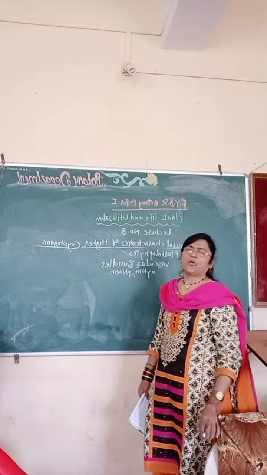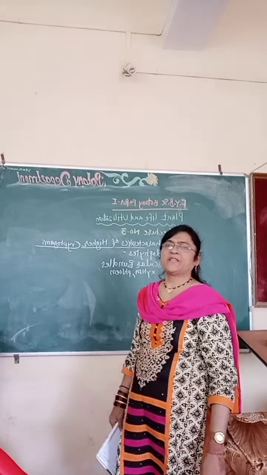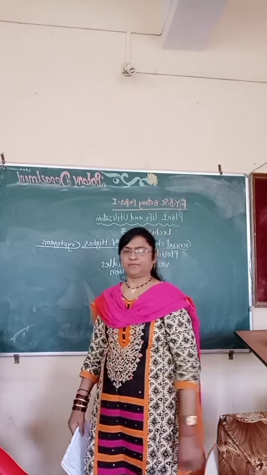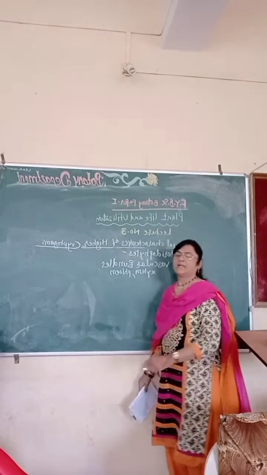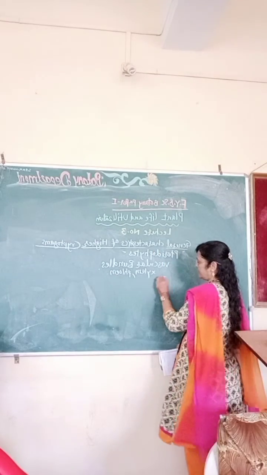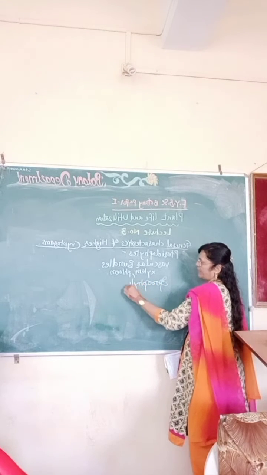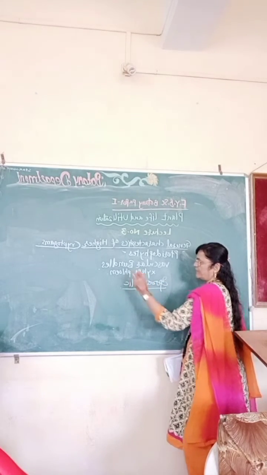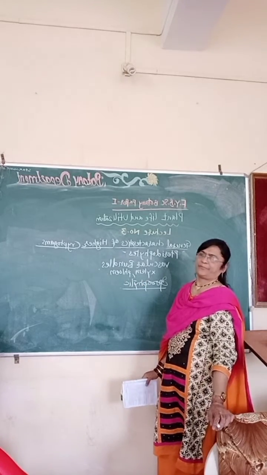The plant body is differentiated into root, stem as well as leaves. The plant body is the sporophyte. This sporophytic plant body is the dominant phase, and it is differentiated into root, stem and leaf.